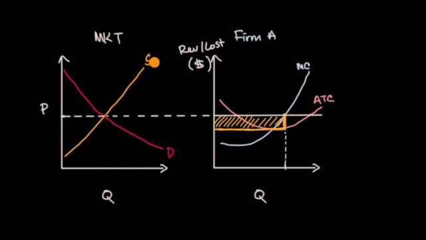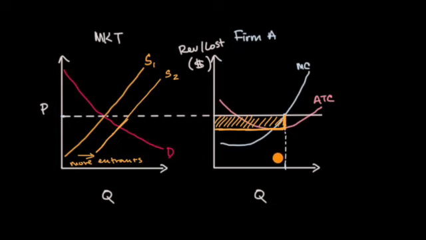So if that's supply curve, let's just call that 1. Now you're going to have more entrants. More entrants. And what's going to happen? Well, you might get to a situation like this. Actually, let me see if I can draw it well. You might get to a situation like this, where you have more entrants, and you go to supply curve 2. Now what's going to be the quantity that firm A produces in that world?